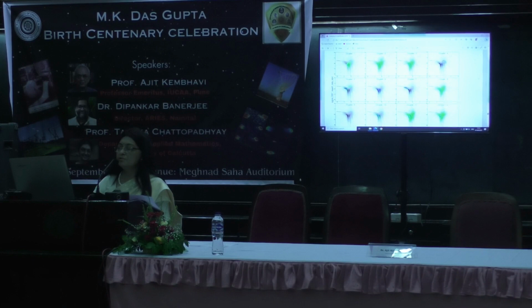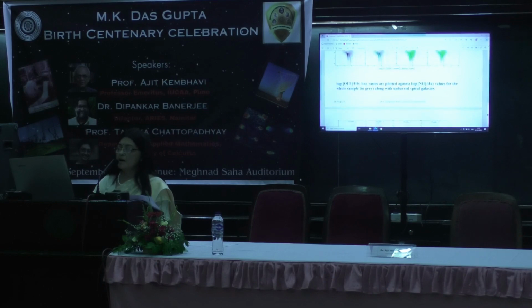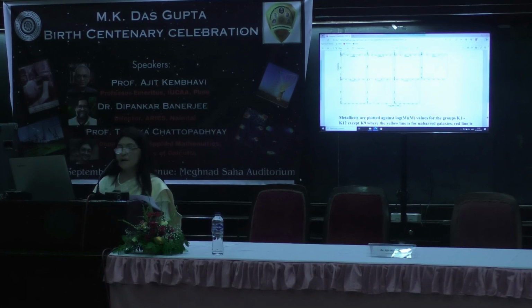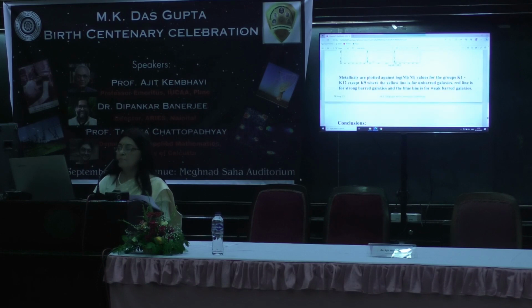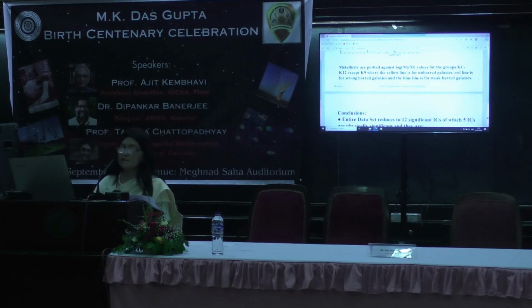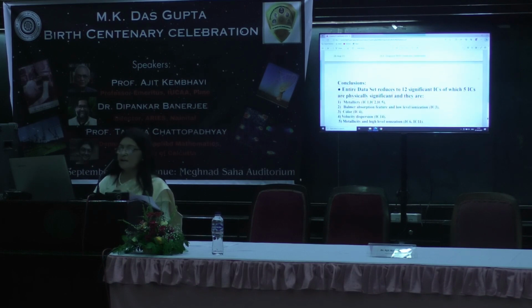Here we have also drawn the PPT diagram, and we have gained information about the different groups, and also we have done some 2-point correlations. Once we have found the coherent groups, metallicity versus logarithm, several things we have done. It's a big analysis.